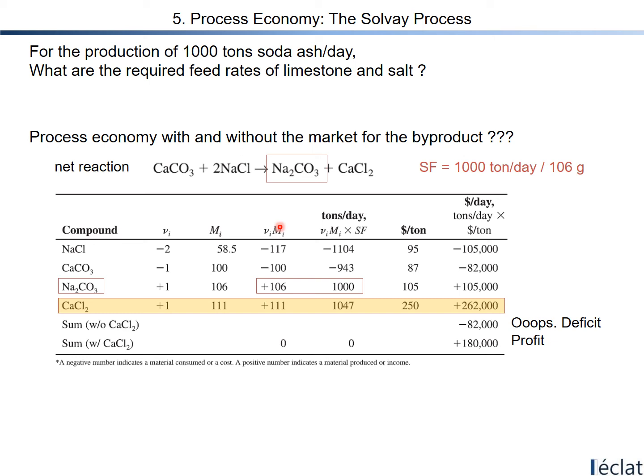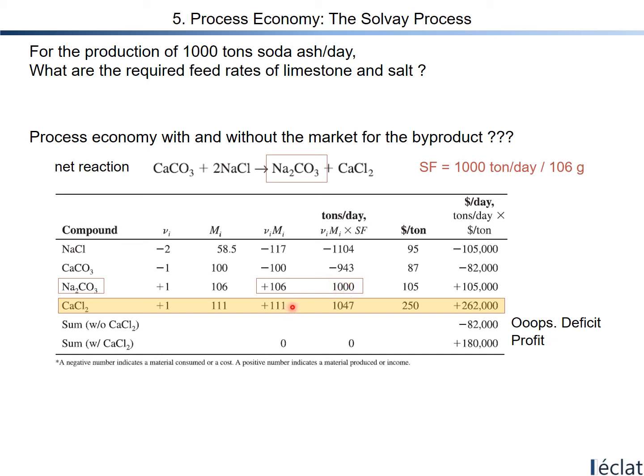And then it's time to scale up from the chemical reaction equation level into the basis level by multiplying the scaling factor. So 107 by scaling factor, 100 by scaling factor, 10^6 by scaling factor is going to 1000. That is the basis, of course.